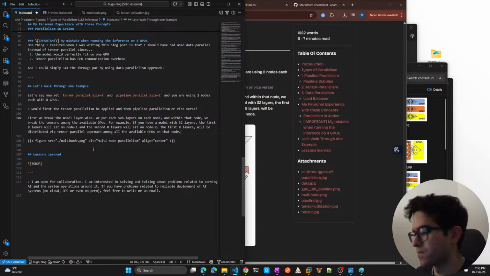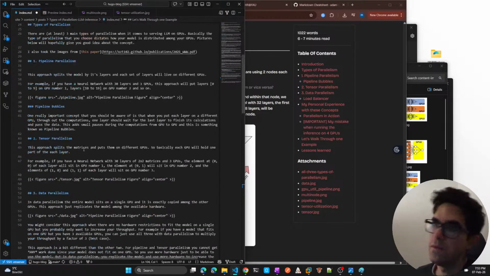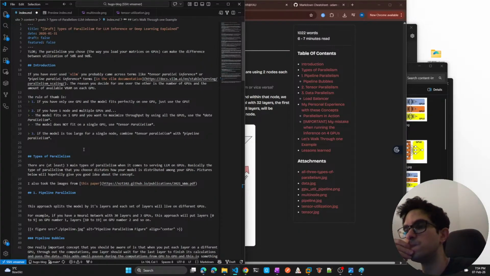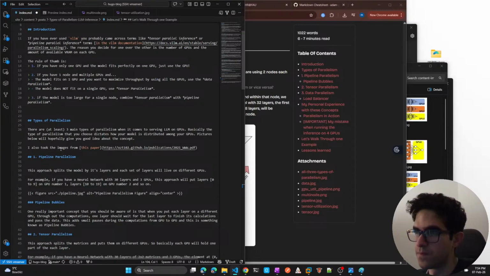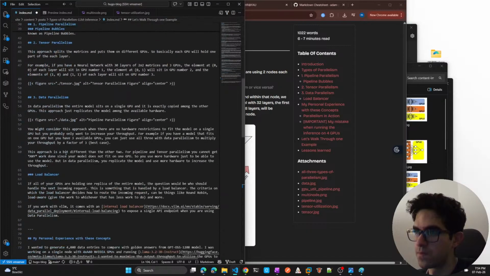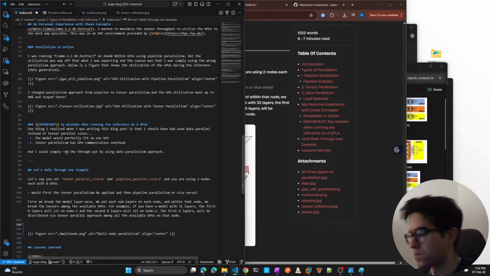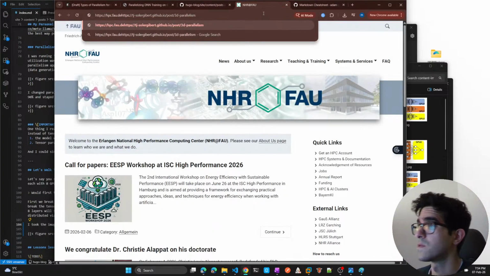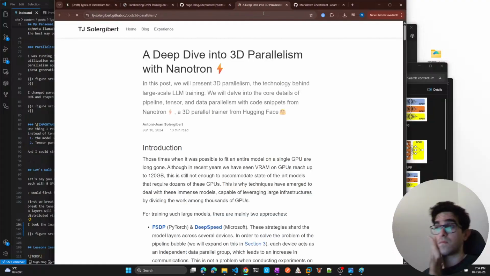Parallelism. Take the image below from this blog post.